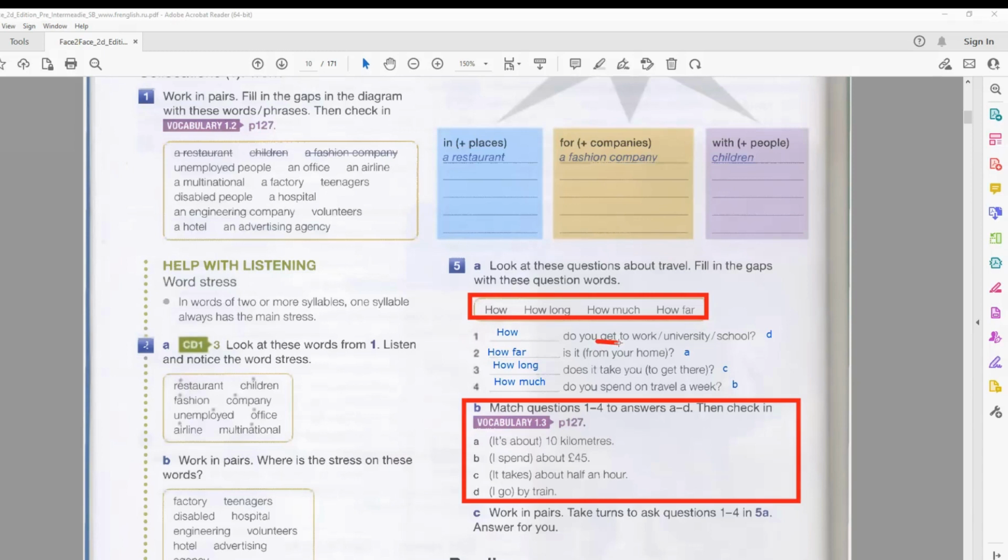Meaning you're giving me directions. This get is used only for travel. In these instances, we're using it for travel. So when I ask you, you're going to tell me either what transportation I can use, or you might need to give me directions so that I can travel there. Okay. Understand? I hope so.